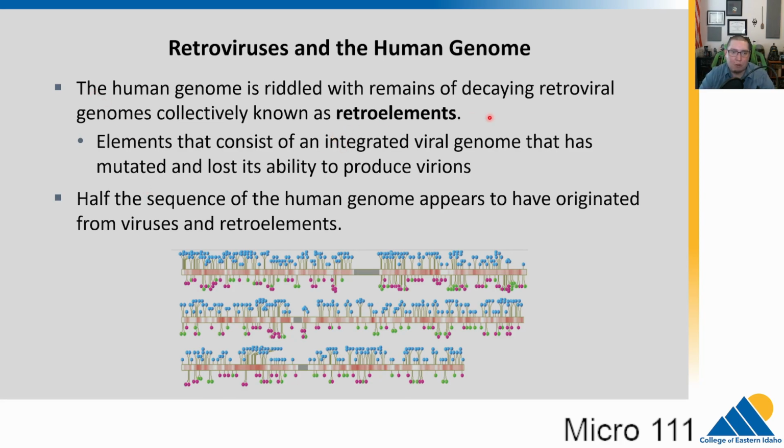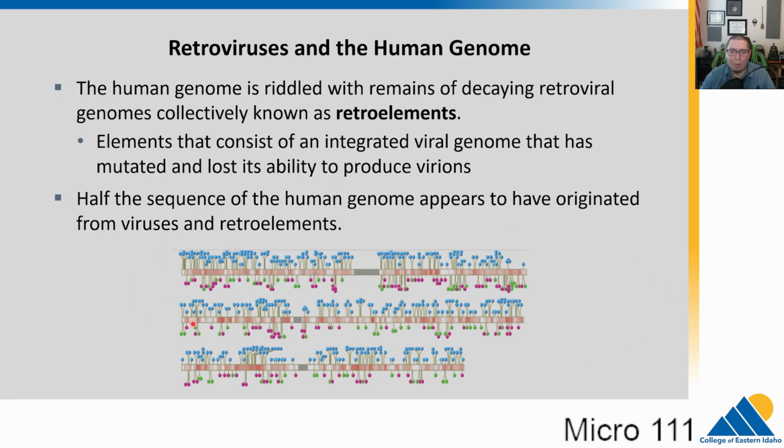So we call these retroelements. Up to half the sequence in the human genome might have viral and retroviral origins. So it's really interesting to think that you have a large amount of viral DNA in your genome. And there are evolutionary implications for that that are beyond this course, but just something interesting to think about, that you are part virus because of this process.